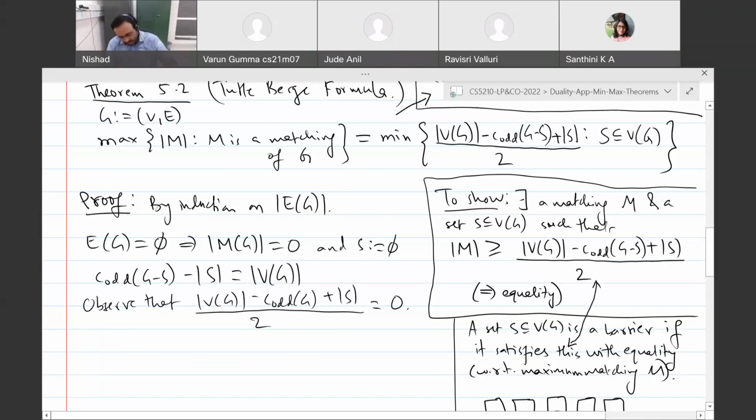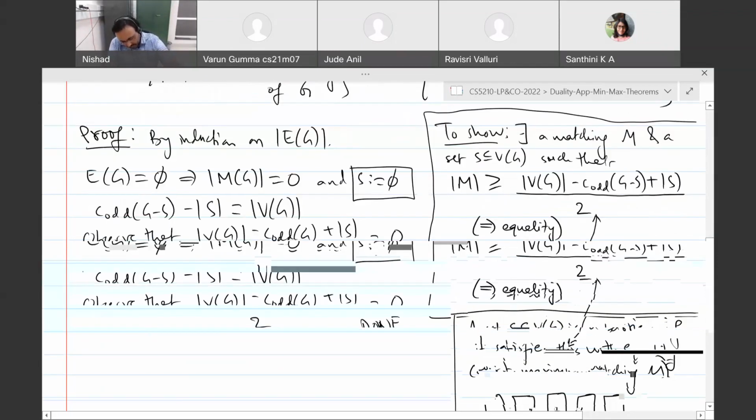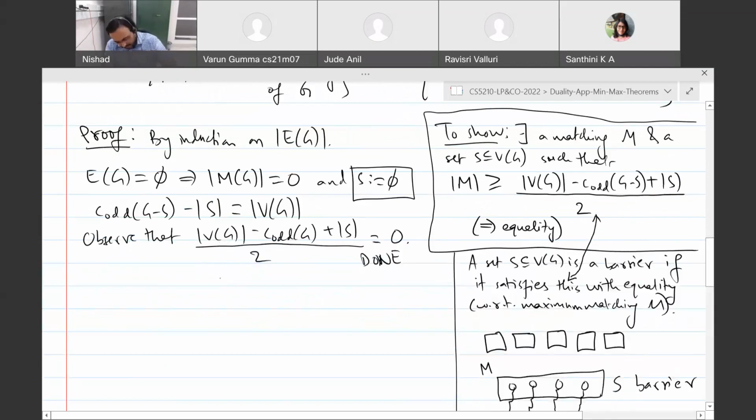So the statement holds. So we choose the set S to be the empty set and everything works out. All right? So that's going to be our base case. I generally don't write this explicitly, but in case you are used to it, it might be useful.